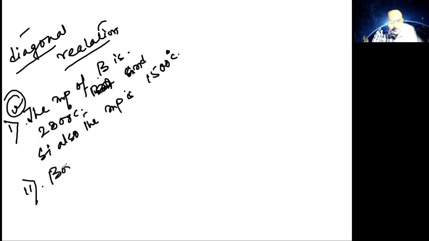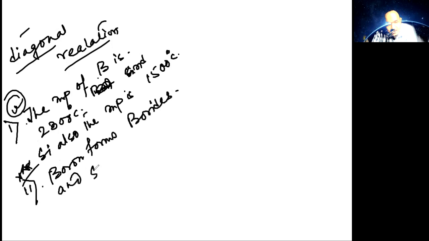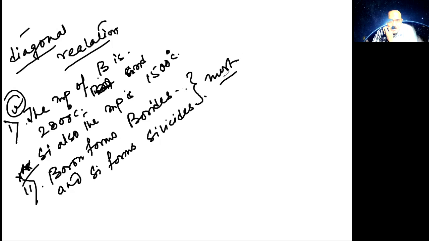Number two, this is the star. Boron forms borides and silicon forms silicides. Most important. Now we write down the reactions here.